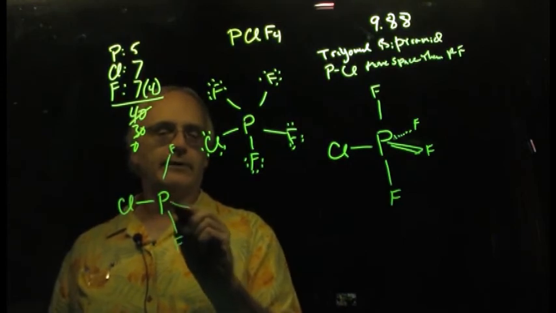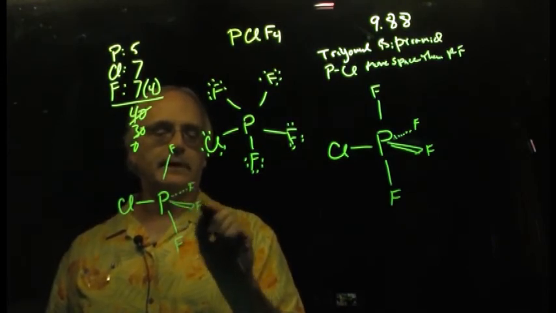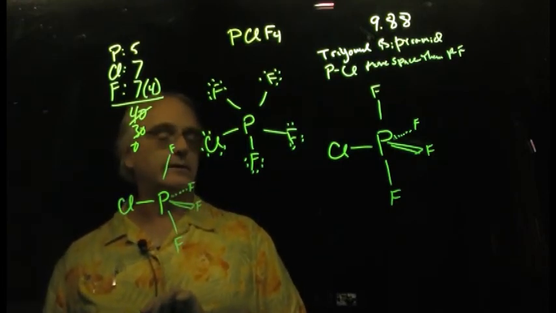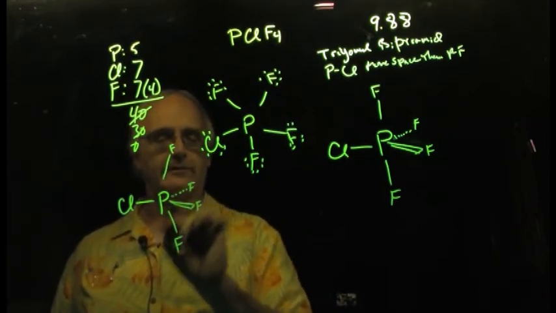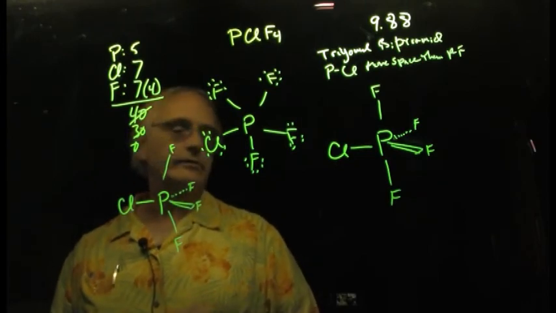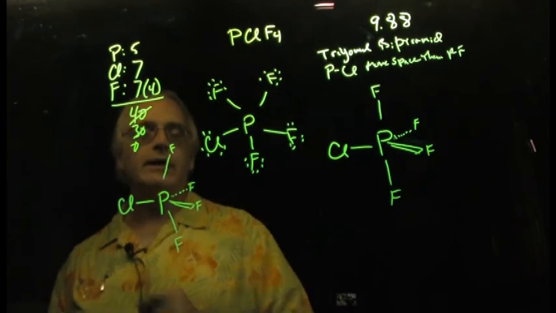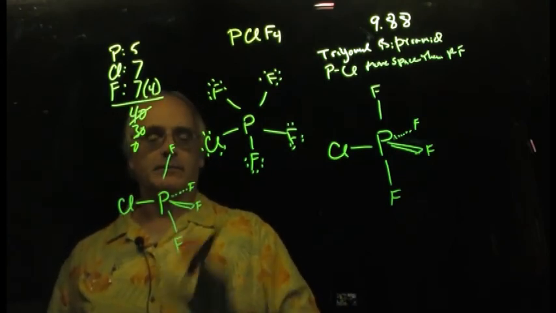It will probably also have the effect of shrinking down the bond angle between the two fluorines in the equatorial zone to something less than 120 degrees, and the bond angle between the chlorine and the fluorines here in the equatorial zone slightly greater than 120 degrees. So yes, this thing will be distorted, and everything will be kind of pushed away from the larger outer atom, the chlorine, in this molecule.